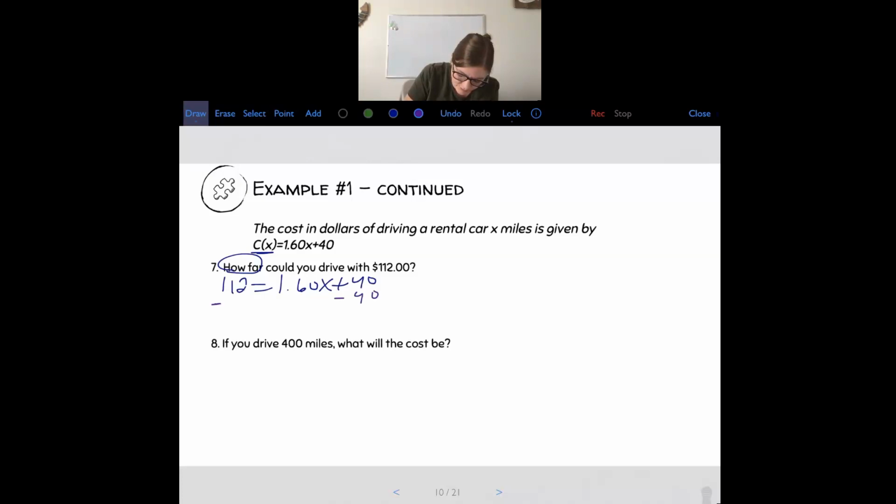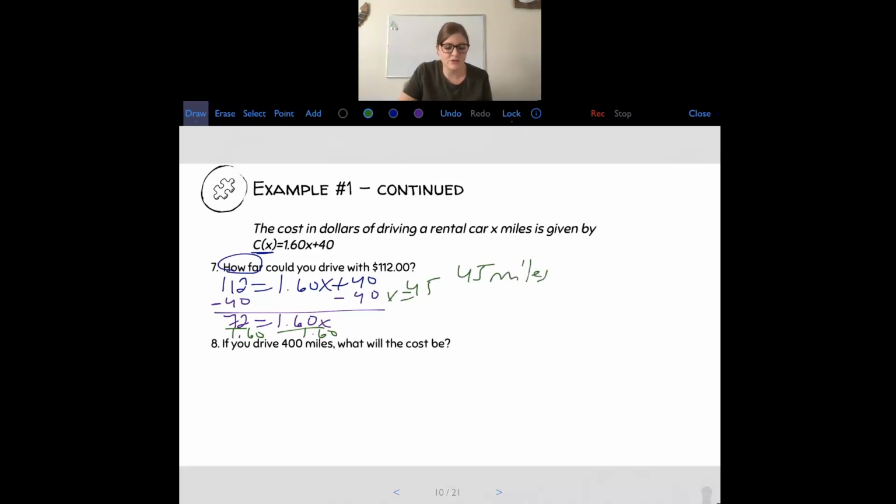We would subtract 40 from both sides, and I'm going to use my calculator to make sure I get it right. 72 is equal to 1.60x, and then we divide by 1.60 on both sides, and we get 45. So you can drive 45 miles with $112.